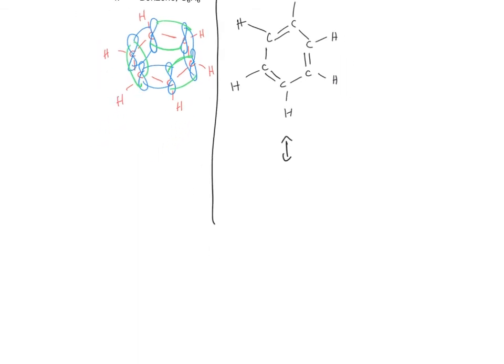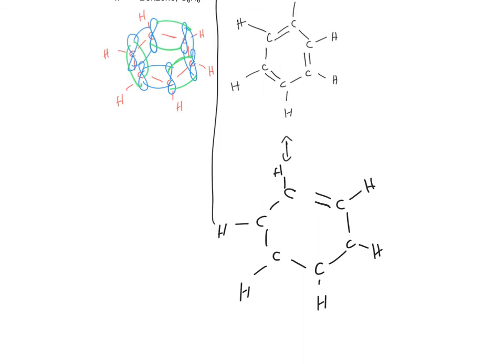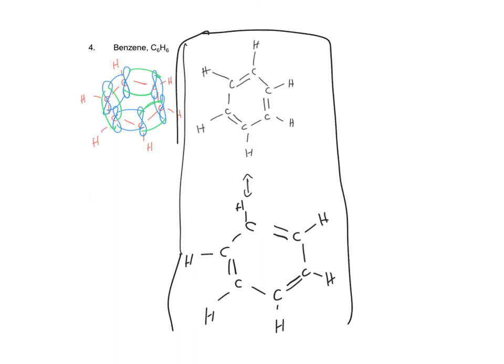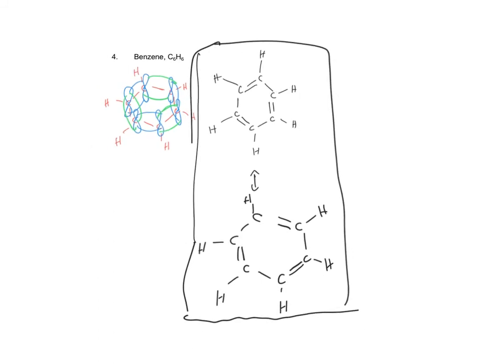So you've got then another possible structure here, where the double bonds are alternating, but they're on the other carbons. All right, so these two interchange with each other. And you could think of it as a resonance, I suppose. A little bit different, but you could think of it as a resonance.